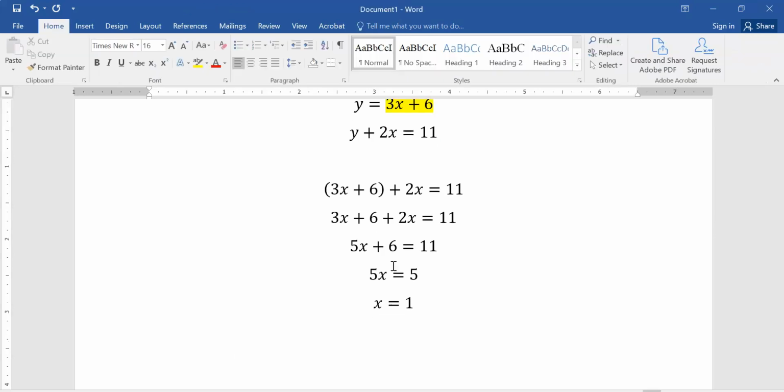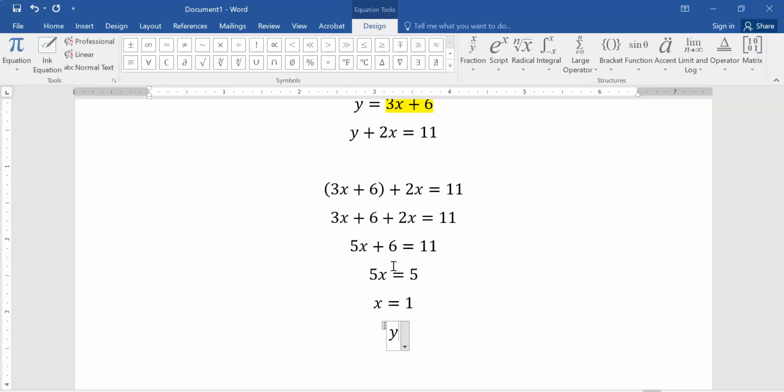If x equals 1, then we go into our original equation, y equals 3x plus 6, and we replace the x with the number 1, and we see that y has to be equal to 9.